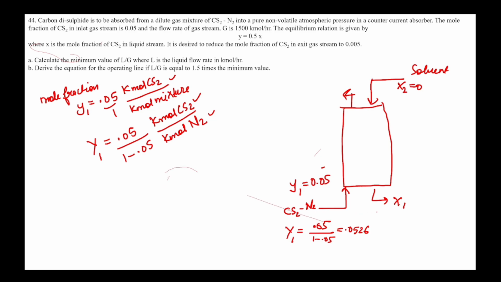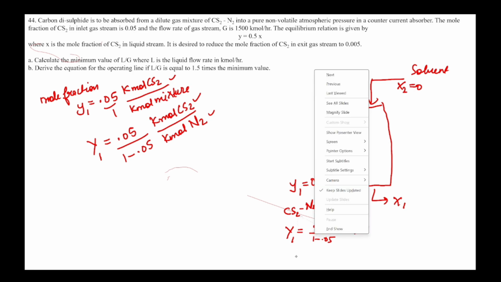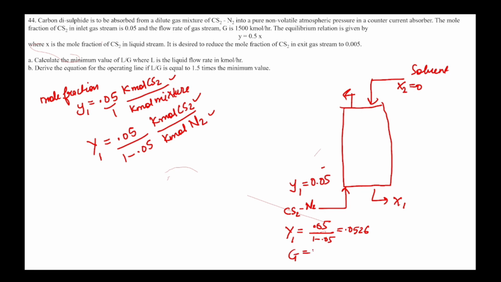Now we will see what we will take into the question. The flow rate of the gas stream is G, 1500 kilomole of mixture per hour, and GS is the pure component flow rate.